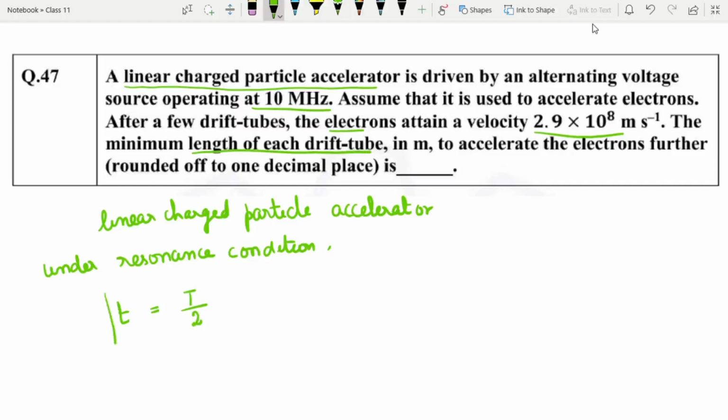This is the important condition in order to accelerate any particle in a linear accelerator.